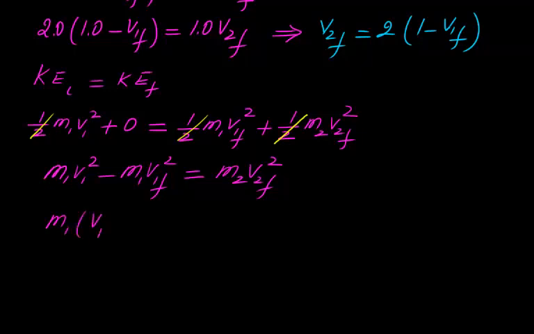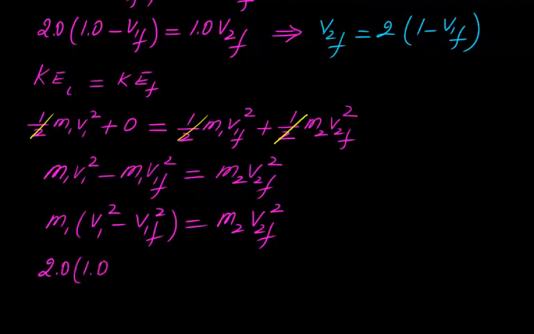You end up with m1 times v1 squared minus v1 final squared equals m2 v2 final squared. Now you can substitute for the known quantities. m1 is equal to 2.0, times 1.0 minus v1 final squared. Close the parenthesis. That is going to equal m2 is equal to 1.0 times v2 final squared.